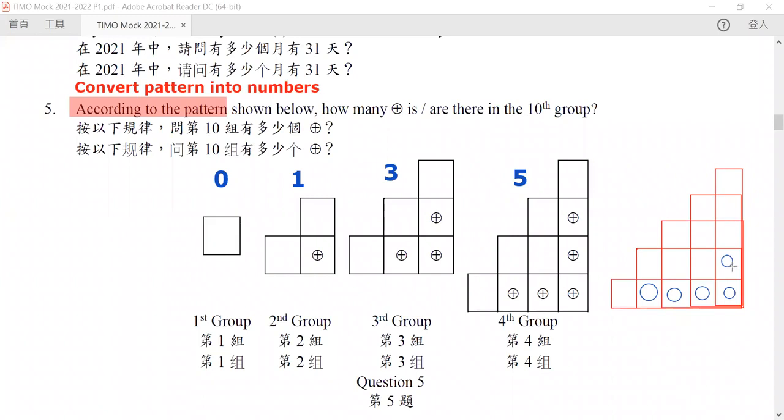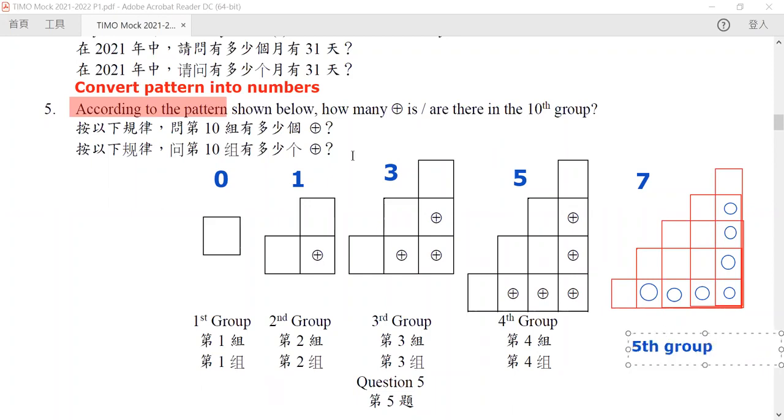Now I assume that there are crosses within the circles. So this is the final one. By this, you will see that there are 7 symbols within our fifth group. So what is the pattern?